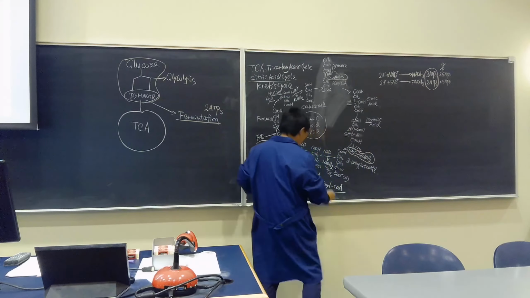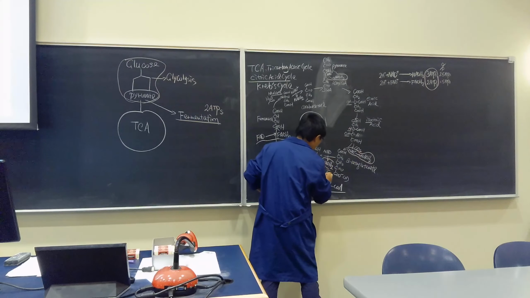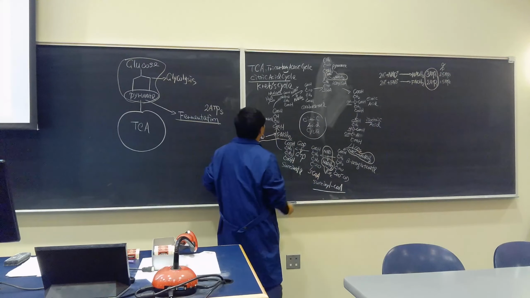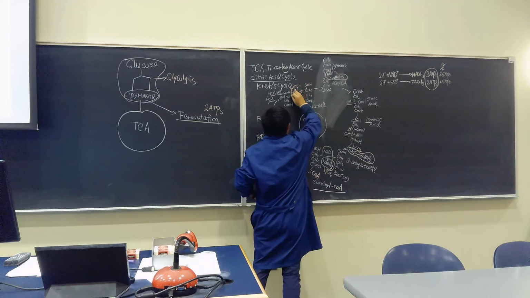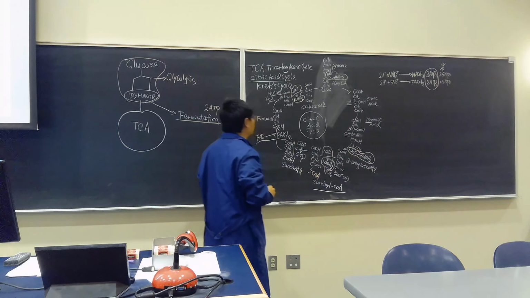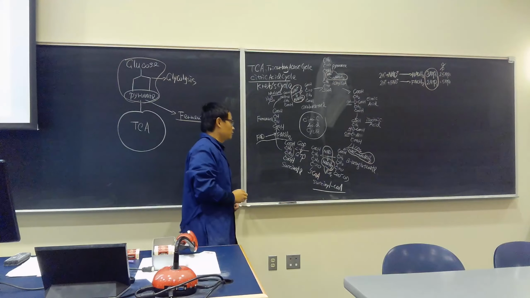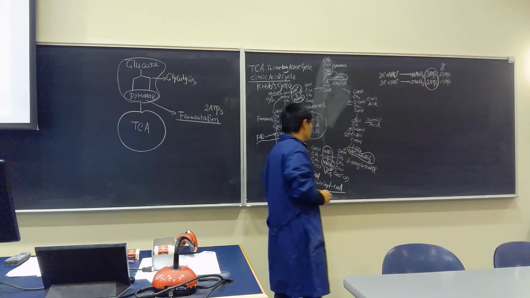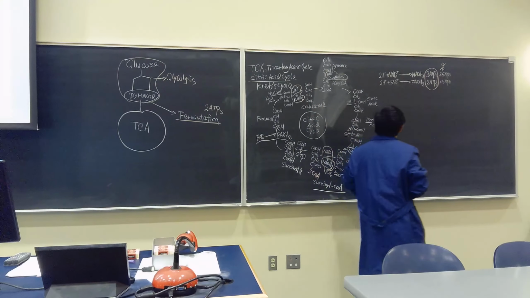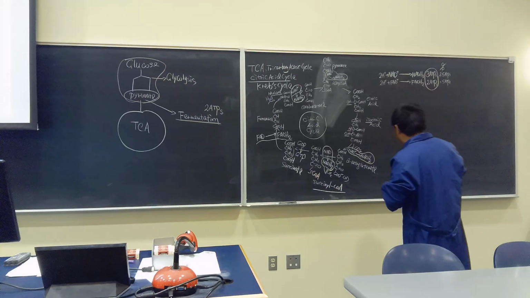There is another one where succinyl-CoA is generated. And there's another one much later, malate becoming oxaloacetate. We find that there are four places. 1, 2, 3, 4. Four places where NAD is reduced to NADH2.